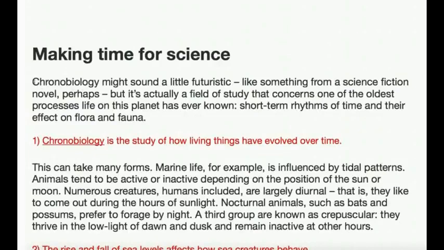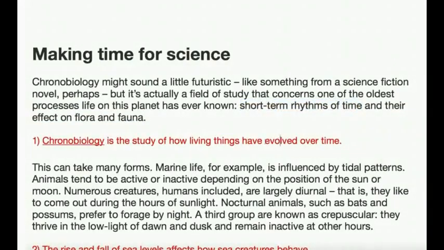Now we can see that if we read through the paragraph, it's a field of study that concerns one of the oldest processes life on this planet has ever known. And the definition is here: short-term rhythms of time and the effect on flora and fauna. Well, this is a study of living things, so that seems true so far. But it's the short-term rhythms of time.